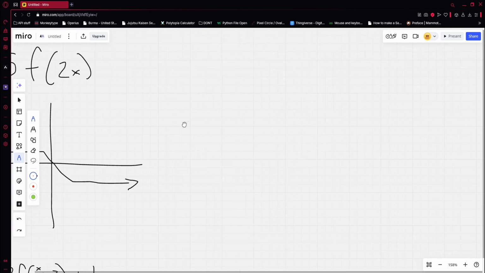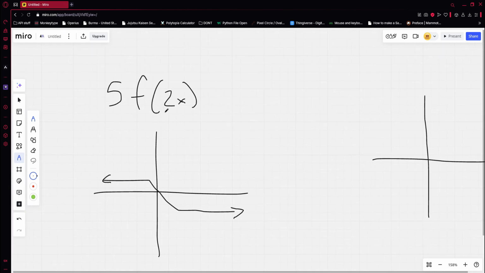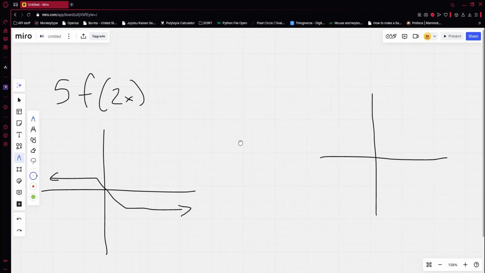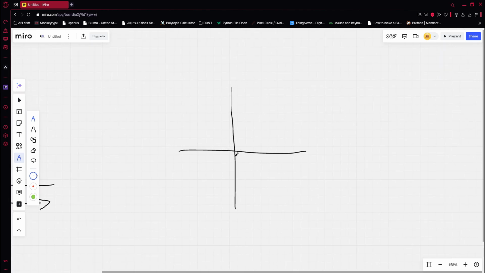Now, how this works is, imagine the number that you're multiplying directly to x as the speed. So if this is a normal function, we're going like this, and we go like that.